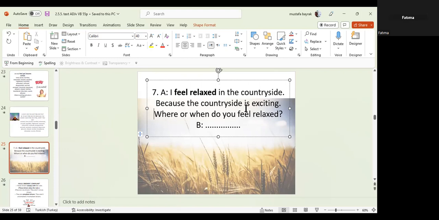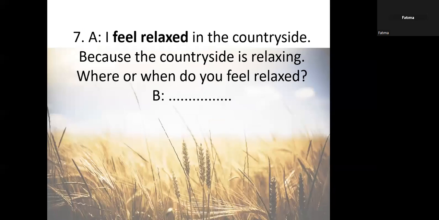So I am passive now. I feel relaxed in the countryside. Sorry, I feel relaxed in the countryside because the countryside is relaxing. I think it's okay. Where or when do you feel relaxed? I feel relaxed if the music is relaxing.